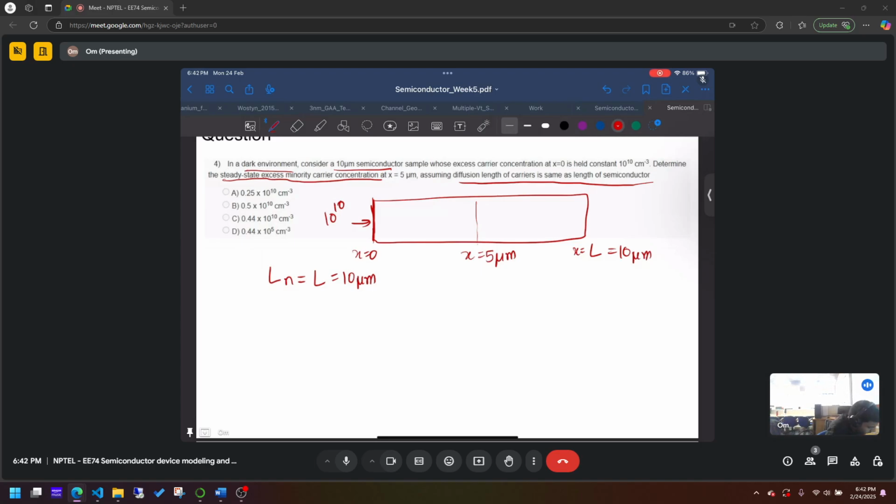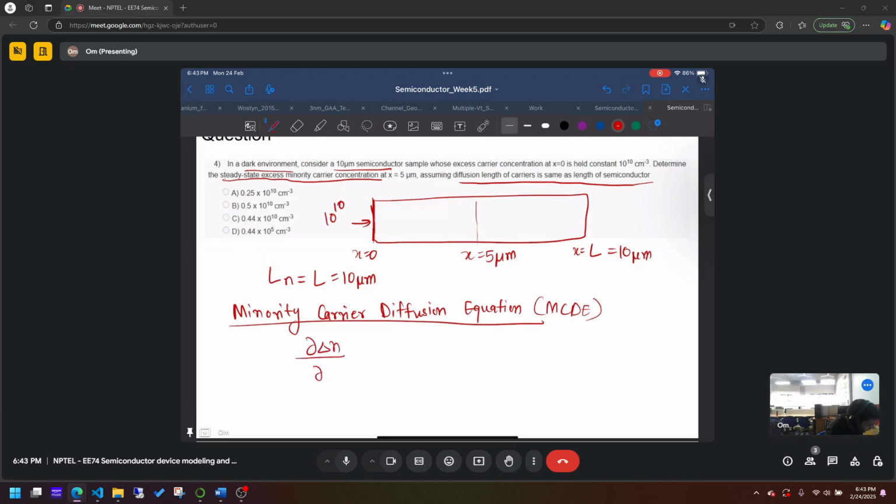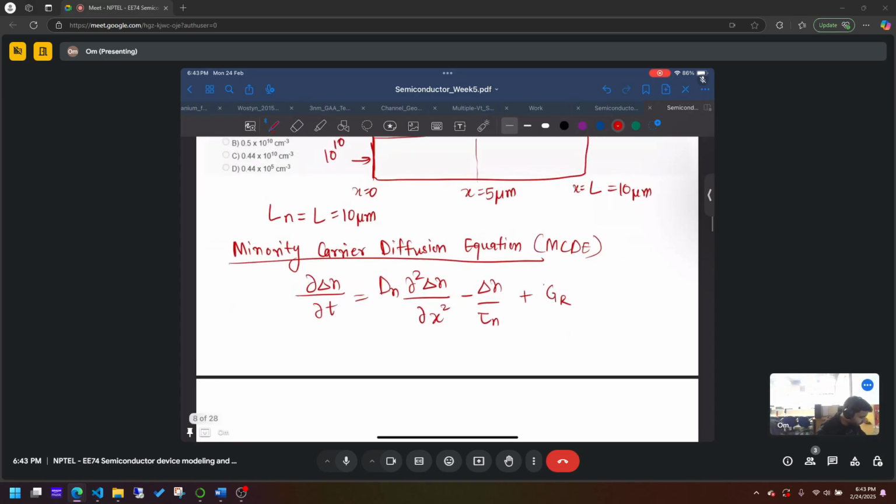If you know the minority carrier diffusion equation, it is: del delta n by del t equals Dn del 2 delta n by del x square, minus delta n by tau n, plus g, the generation.